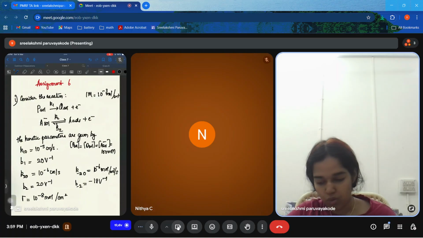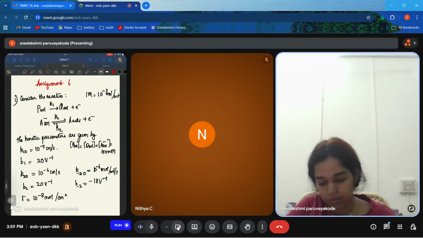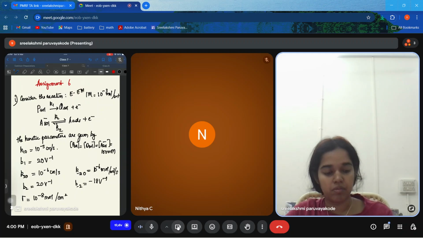So the first one, I'll read out the question. Consider the reaction based on the electron transfer, electron adsorption reaction, EAR mechanism. So you have a reaction P in solution giving Q in solution plus 1 electron transfer, and A in solution is getting adsorbed onto the metal surface to form A adsorbed, and the electron transfer is involved.